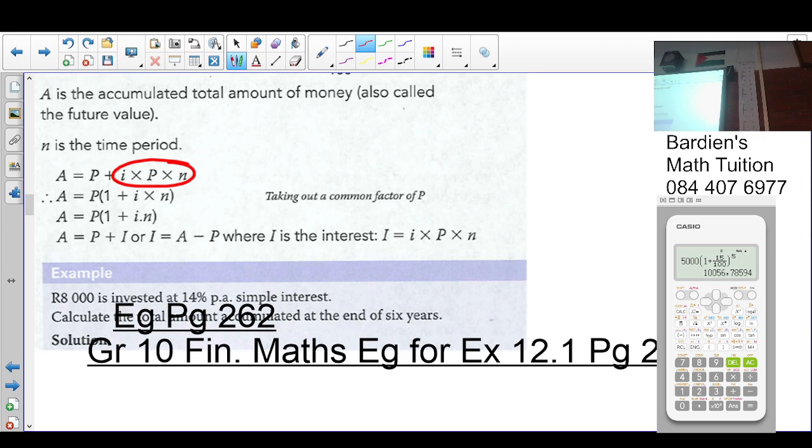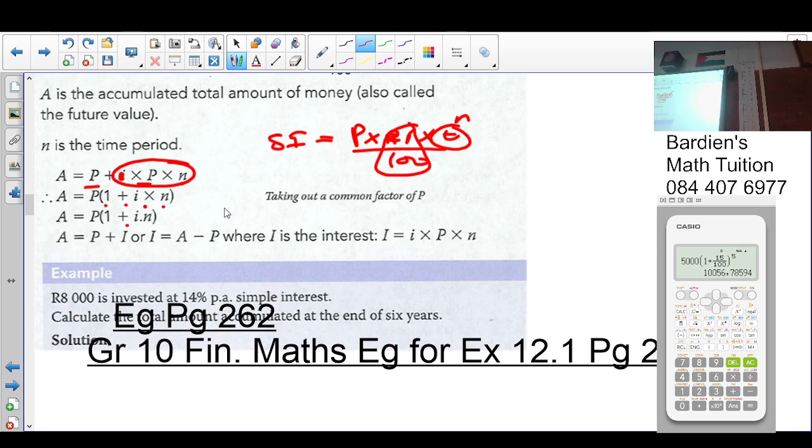Simple interest is equal to P times R times T over 100. Now you see, R over 100 is I. P times N. T is most N, time in years. So what they do is they find the common factor of P, and then they get P into 1 plus I times N. So that's basically how they got there.